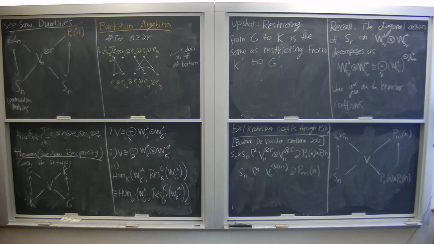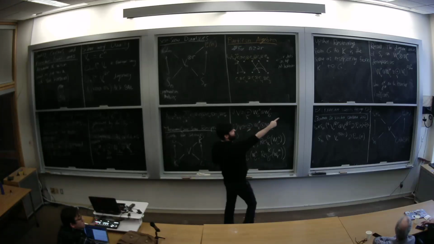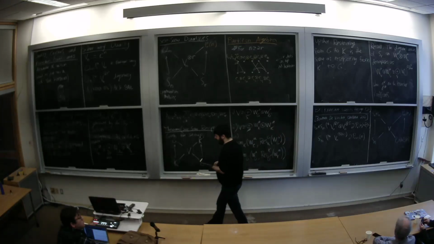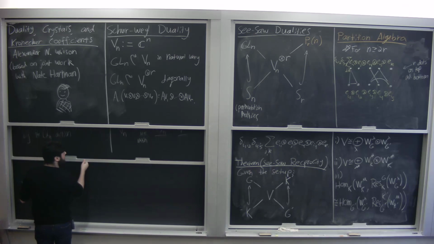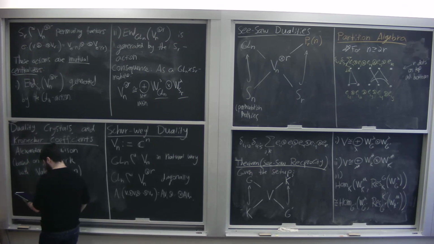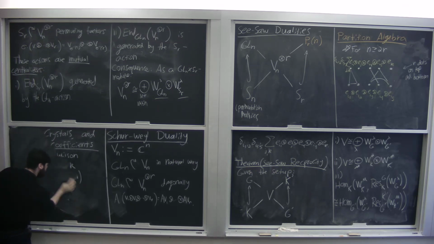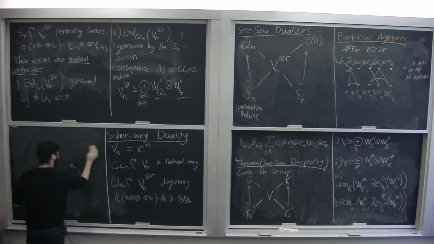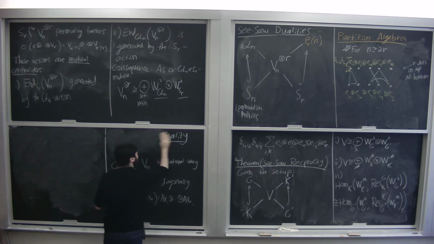Okay, so we have this seesaw duality picture combined with this description of Kronecker coefficients as this diagonal action. We can find Kronecker coefficients in the representation theory of the partition algebra.